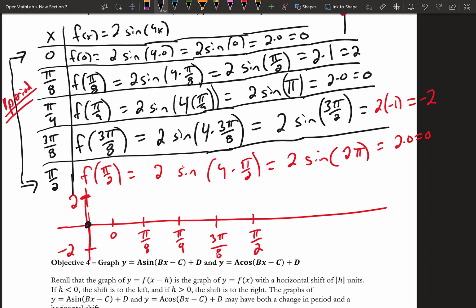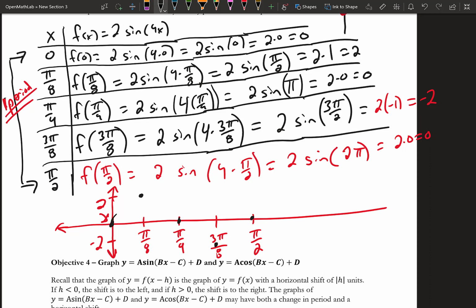Whoops, I don't know why I drew 0 on the axis here. Let me fix that. There, right? We want this point to be the origin. My bad. I think I just wrote it down out of habit because I wrote it down in the x table. So we would have the point 0, 0, and then pi over 8, 2, and then pi over 4, 0, and then 3 pi over 8, -2, and then pi over 2, 0.